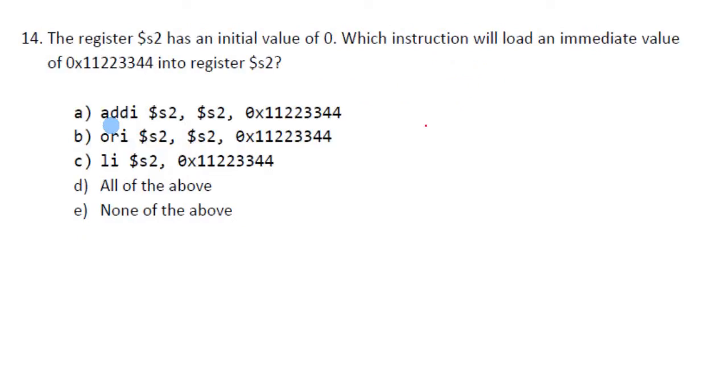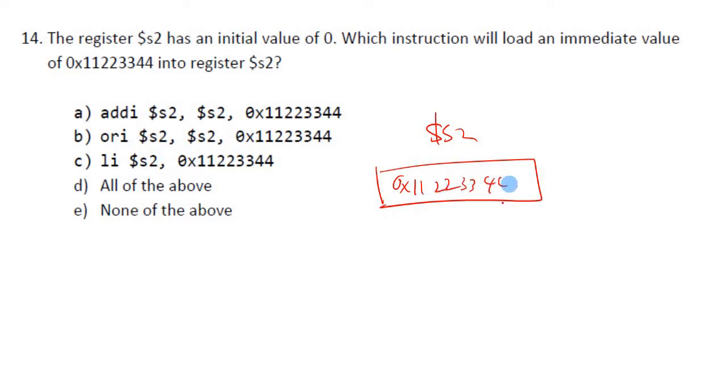Okay, question 14 is asking us to load a value of 0x11223344 into our register. So looking at the instructions, we should know that A and B are not allowed because we cannot put a 32-bit immediate value inside the instruction like addi or ori.